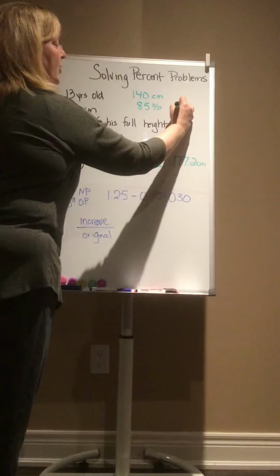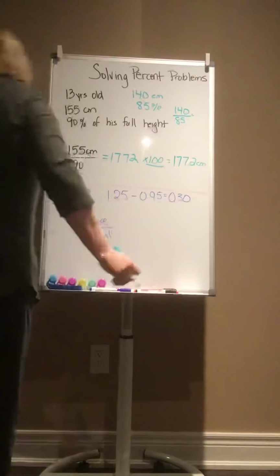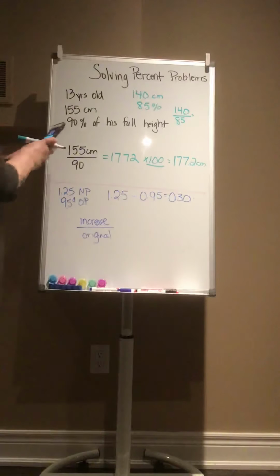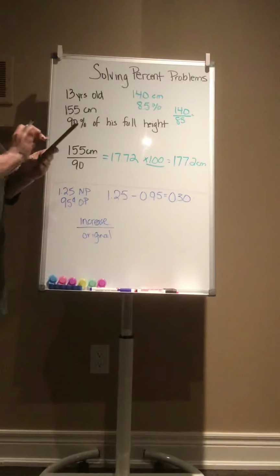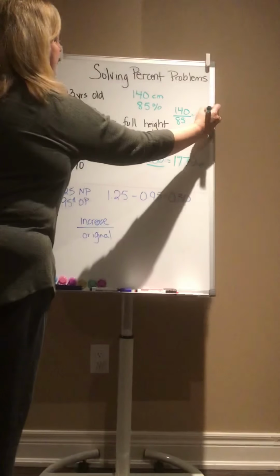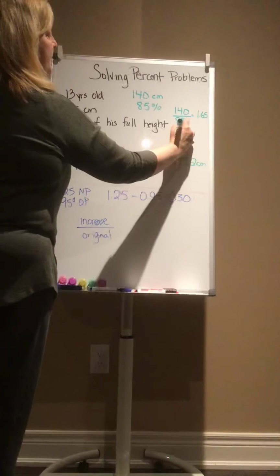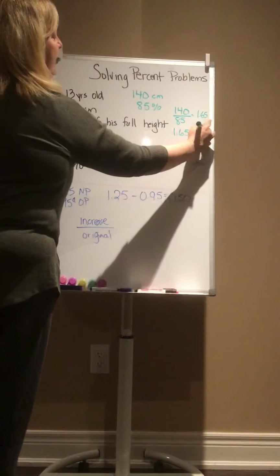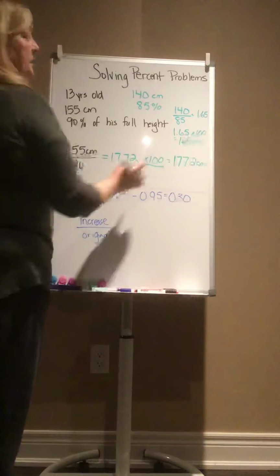We will take 140, divide by 85, and grab my calculator. 140 divided by 85 is 1.64, and I'm going to round that to 1.65. And 1.65 times 100 means this girl will be 165 centimeters tall.